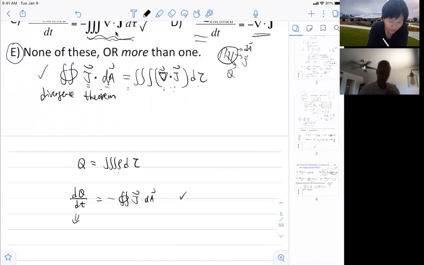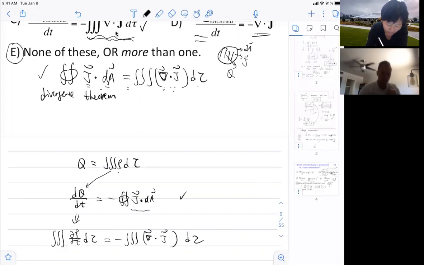And you can plug in Q, which is the integral of, so this becomes the partial of rho with respect to t, integrated over a volume, is equal to, on this side, I'm going to use the divergence of J d tau.